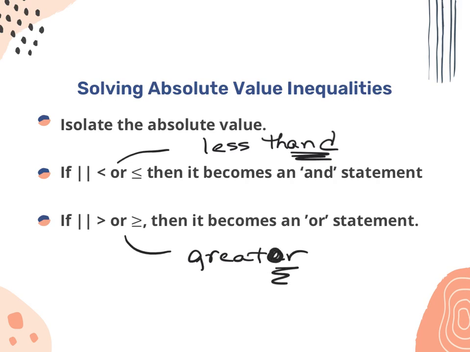They become ors. So whenever your symbol is a less than or equal to, it's an and. If it's a greater or greater than or equal to, then it's an or. So change the ER in greater to an OR for or, because once you get the absolute value, you're going to have to add one of these words in between. So let's try it.